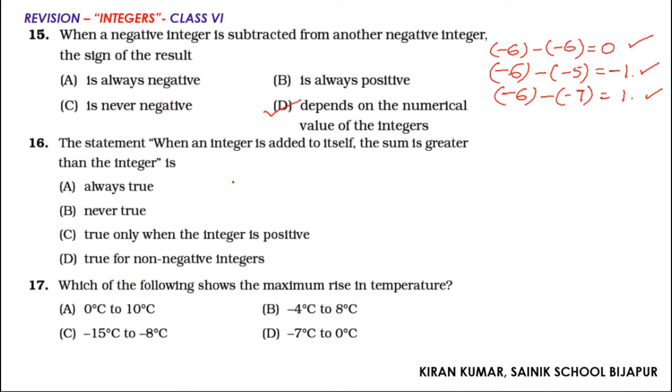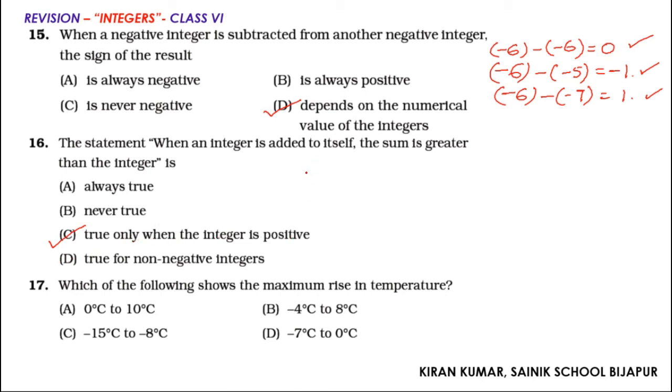This statement is a true statement only when the integer is positive. If it is negative, the sum becomes smaller. So the right answer is option C, true only when the integers are positive.